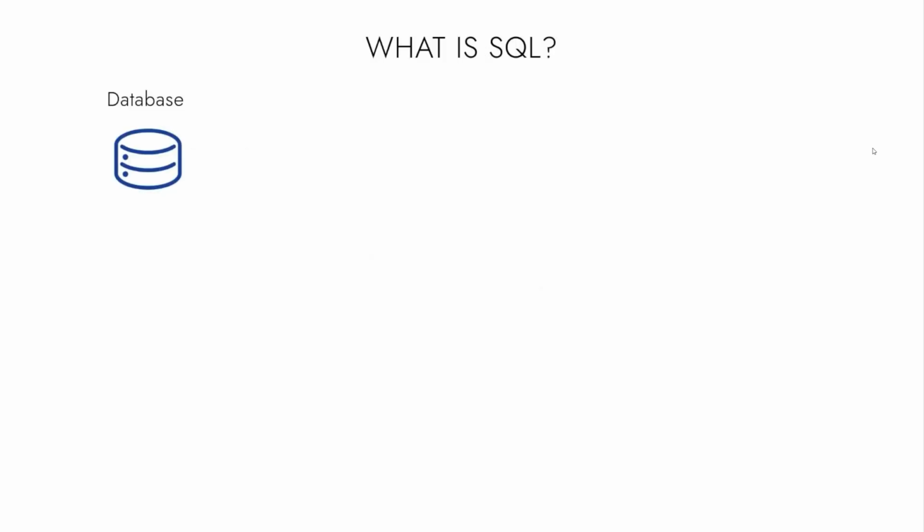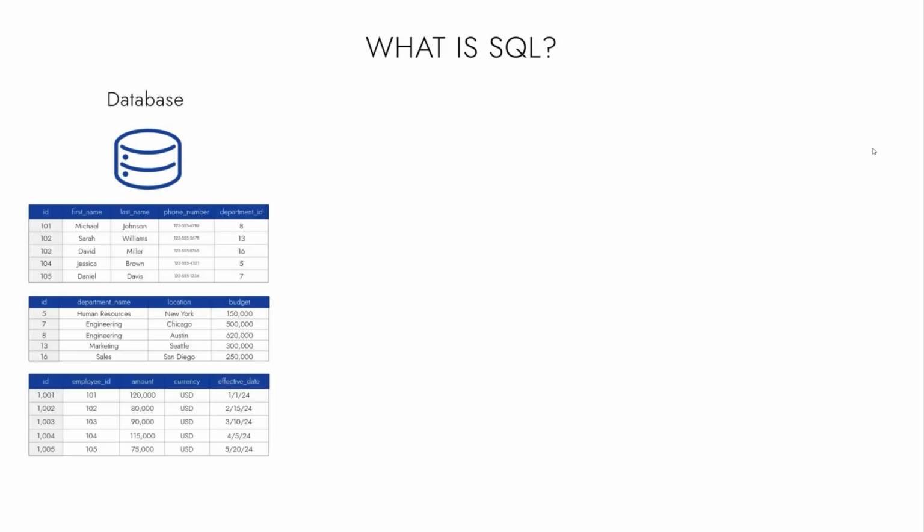First, what is SQL? SQL is really a database that brings everything in relationally. What that means is, when you look at these tables, you see a first table with ID, first name, last name, a phone number, and also department ID. Then there are other tables that don't look exactly like the first one, but you see a similarity in terms of the ID, or maybe budget, location, department name.